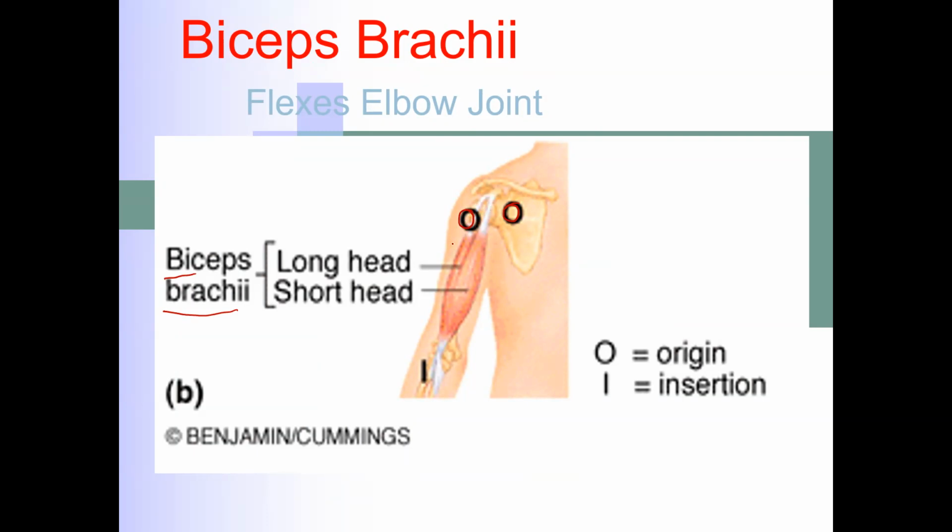Then the muscle itself runs down the length of the forearm and attaches to its insertion point, which is on the radius. Right? So when this muscle contracts, it pulls on the bones in the forearm and pulls them closer to the body. Hence, it flexes the elbow joint. So it flexes the elbow joint.